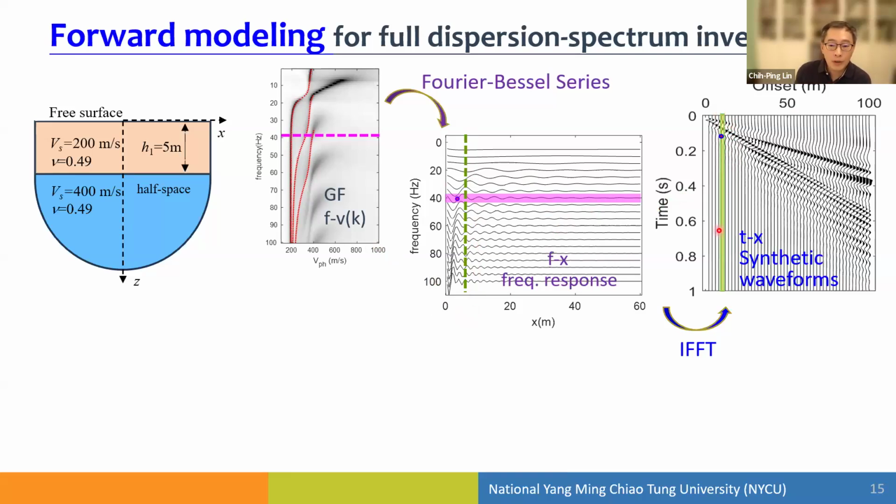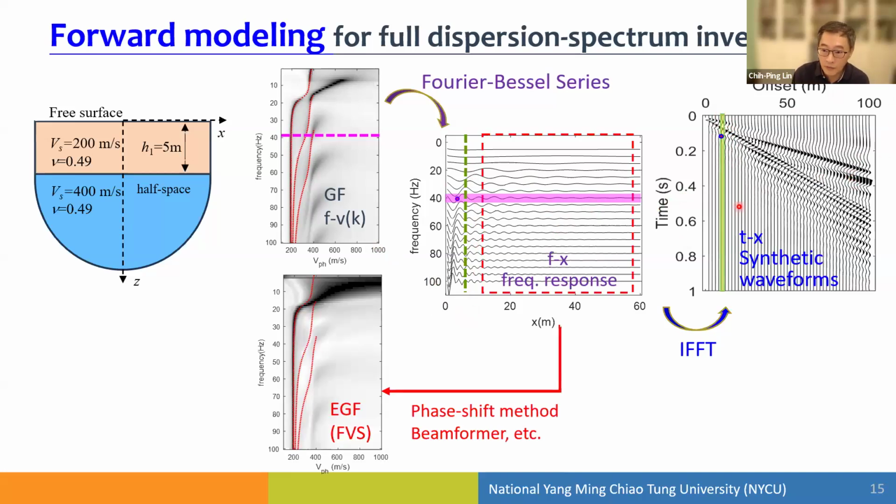But we don't have to compute the waveform if we are working on the FVS. In the field, you measure the waveform and take a Fourier transform back to the harmonic response. Then you use a wave field transformation; there are different algorithms, and the phase shift method is one of them. You can also perform beamforming, and you get this FVS.